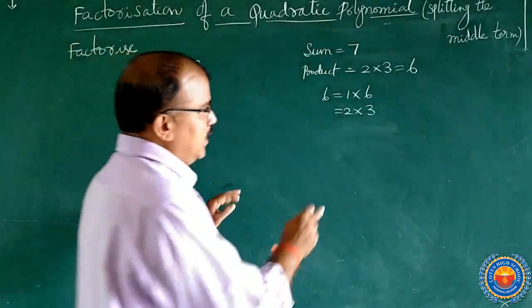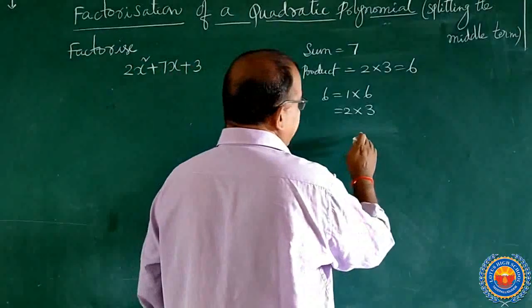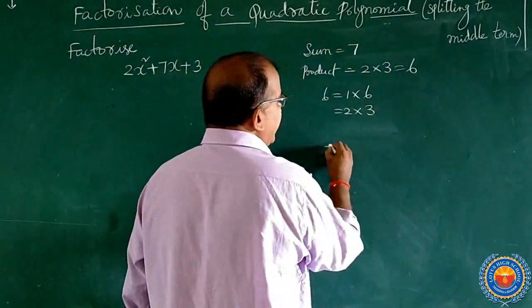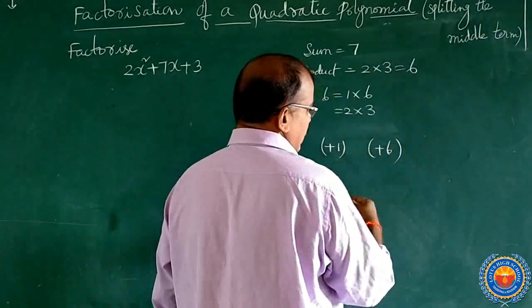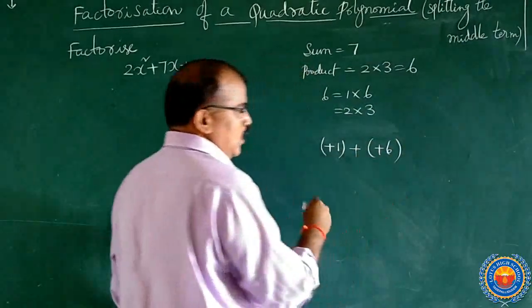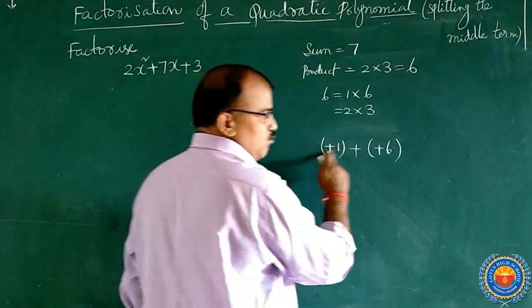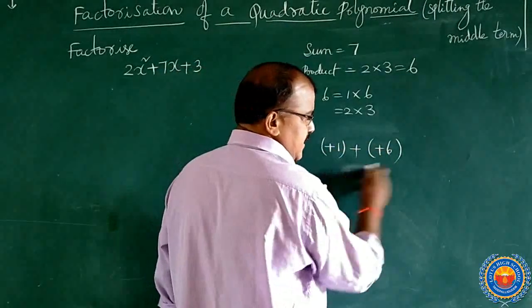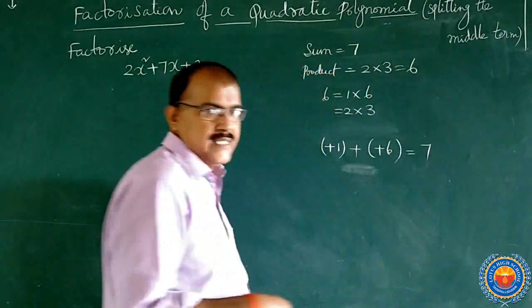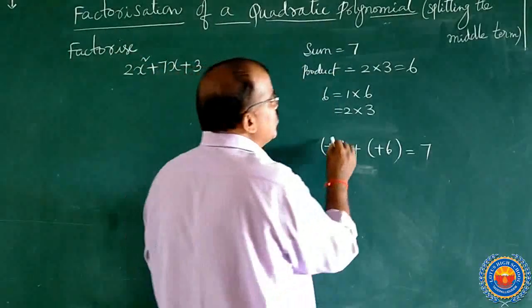Which numbers are suitable? If I take 1 and 6, so my numbers are plus 1 and plus 6. If we add these two, plus 1 plus 6, 1 plus 6 is equal to 7. How to add these two?